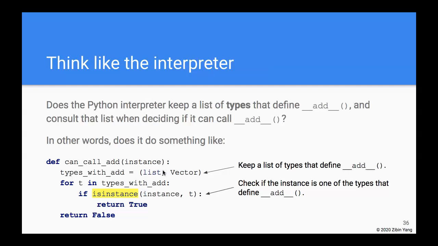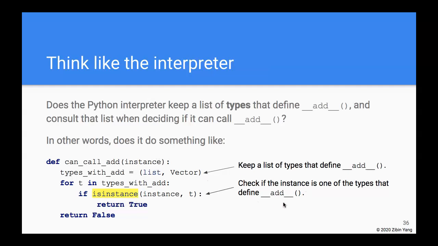If so, that means this object actually has the __add__ method defined, and in that case, we can call the __add__ method by returning true. Otherwise, if we go through everything and the instance is not one of the types in this list that has the __add__ method defined, then we return false. And I highlighted the isinstance check here because that one is checking the type of a given object.